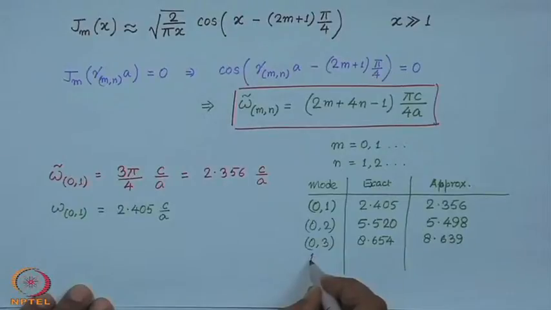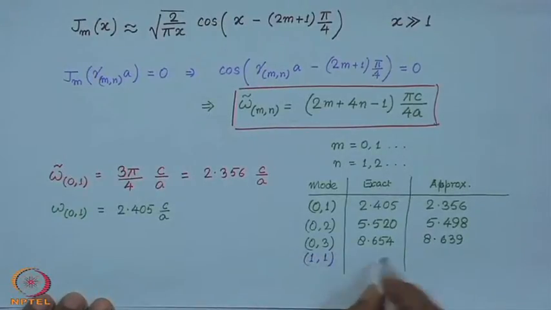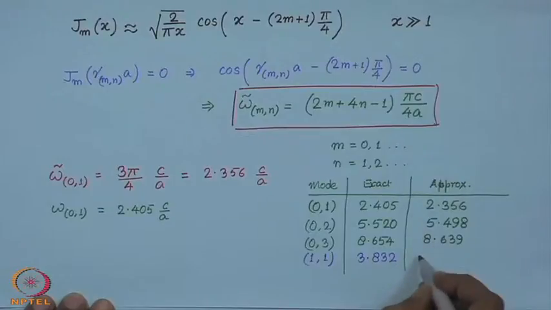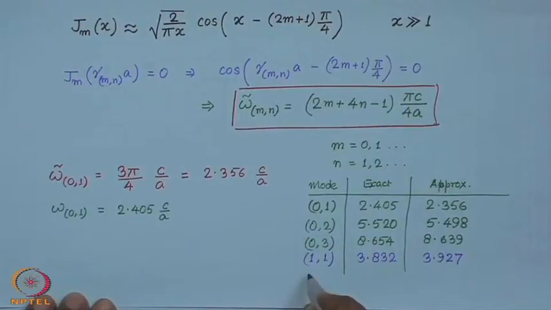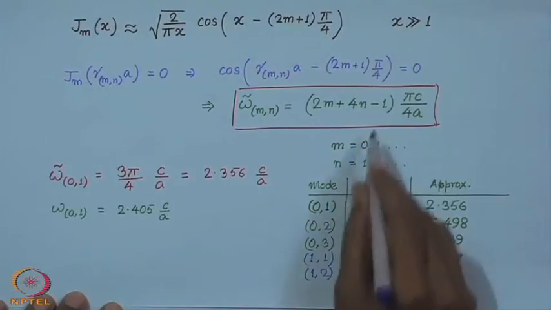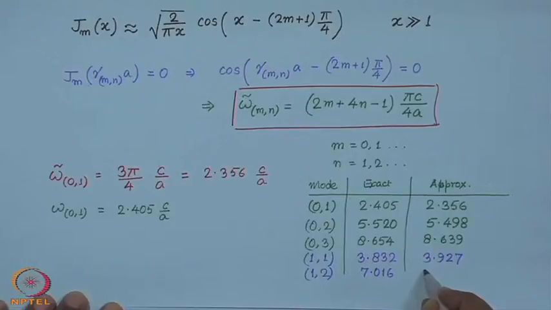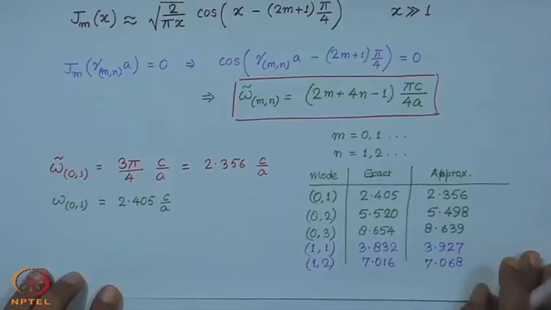Similarly, if I have 1 1, the exact solution is 3.832, and the approximation obtained from here is 3.927. 1 2, the exact is 7.016, and the approximation obtained from here is, so like this.